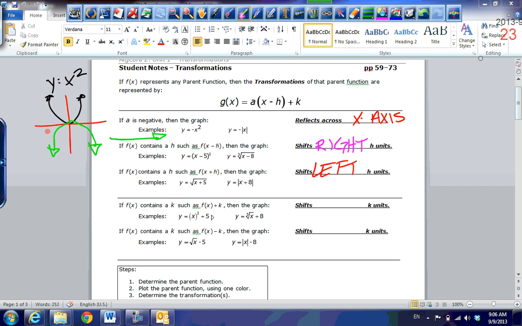This one's on the outside of the parentheses. This one's on the inside. We just add 5 to something. What do we think is going to happen? Get more or get less? More. So we're going to shift vertically. So we're going to shift up. And then if there's a minus sign on the outside, what do we think? Yeah, shift down.